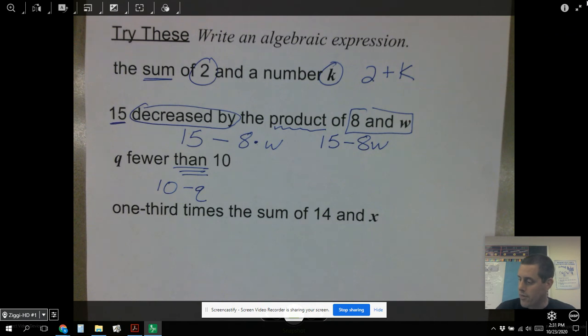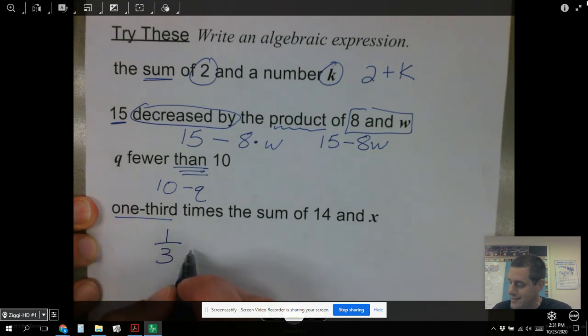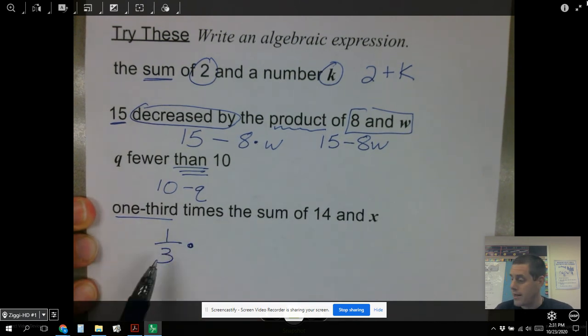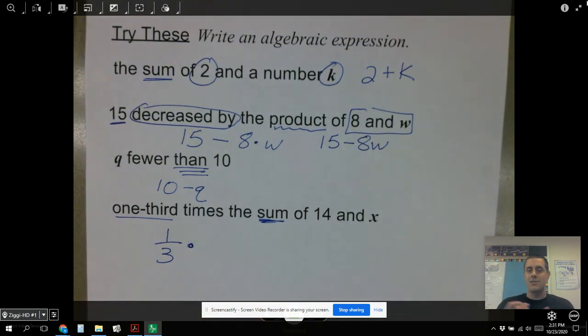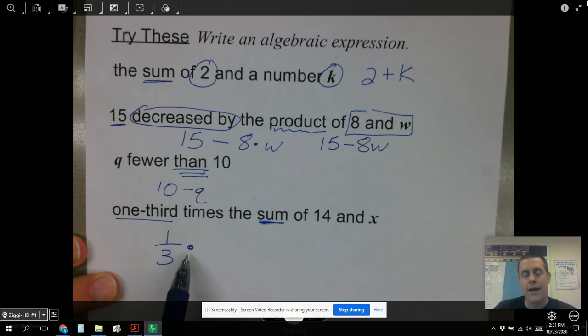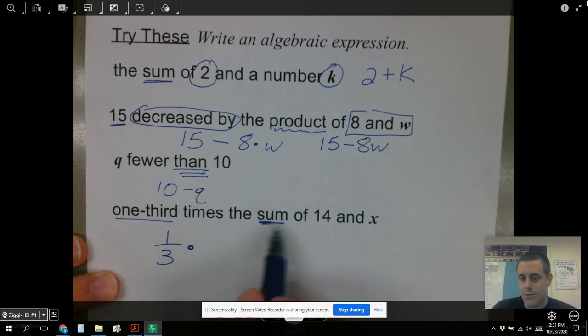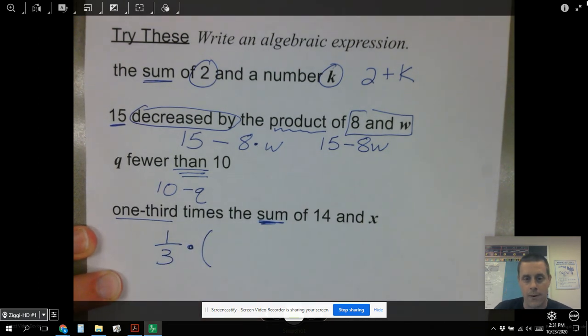And the final one, 1/3 times the sum of 14 and x. We have 1/3, that's a fraction, times, we are multiplying 1/3 times the sum, meaning I need the answer to an addition problem before this multiplication can occur. And the only way to have addition happen before multiplication is to put that addition in parentheses.